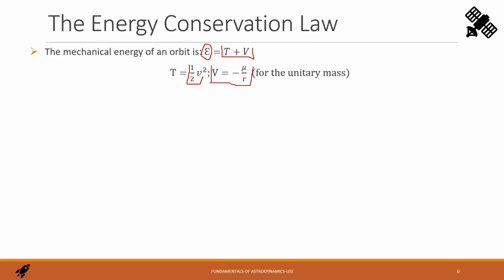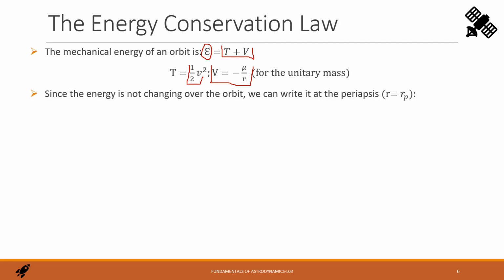The potential energy, by definition, is a function whose derivative with a negative sign is equal to the force. That's it. Since the energy is not changing along the orbit, we can write it at the periapsis, where r is rp.